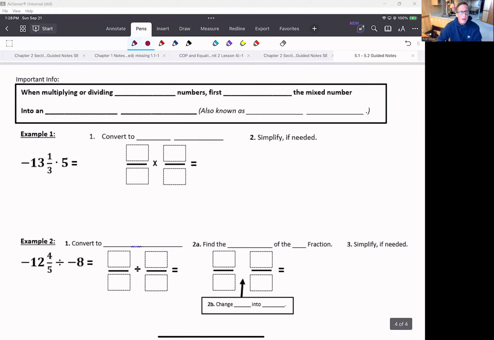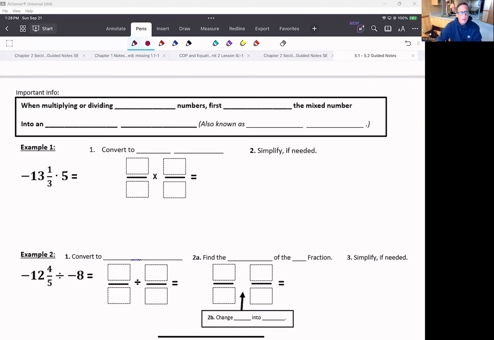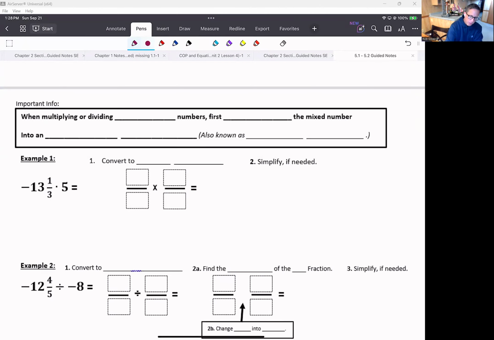All right, moving on. When multiplying or dividing mixed numbers, first convert the mixed number into an improper fraction.